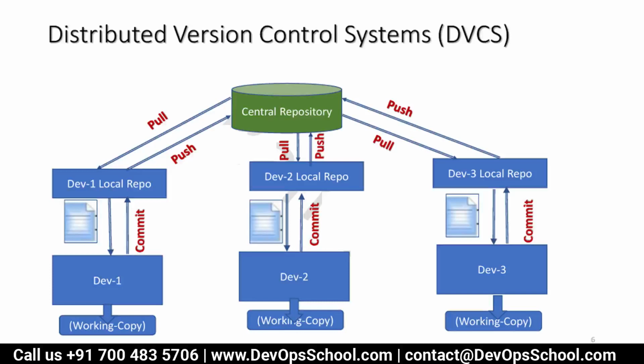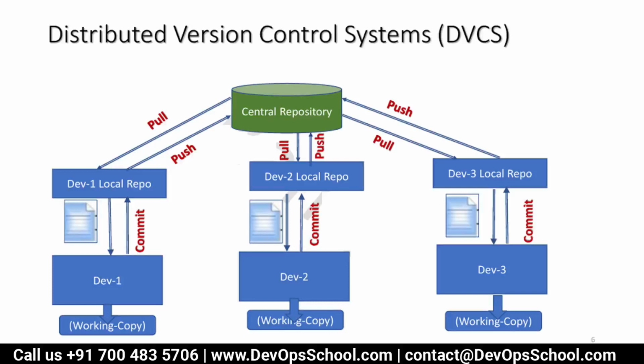And dev1, dev2, dev3 have their own local repository. So dev1 is doing the commit on the local repository. Dev2 is also doing the commit on the local repository. Dev3 also. And ultimately, this code is to be pushed or pulled to the central repository.